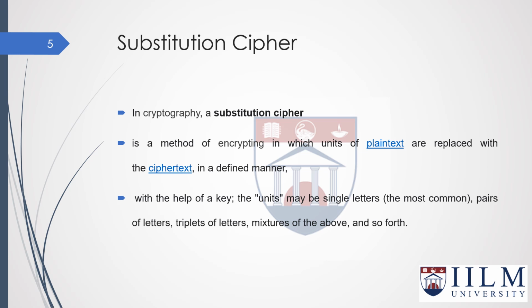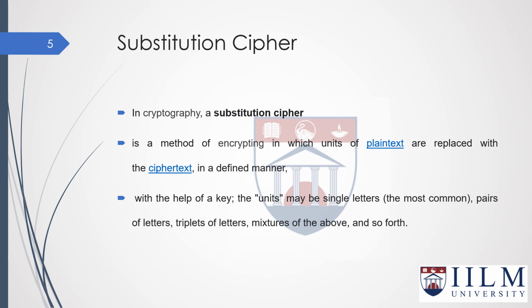Moving to the next line, with the help of a key. With the help of a key, that means in the examples that we have already done, the key is +3.